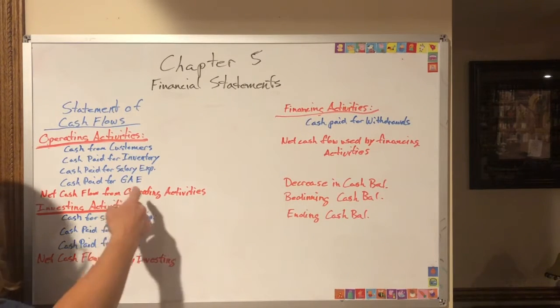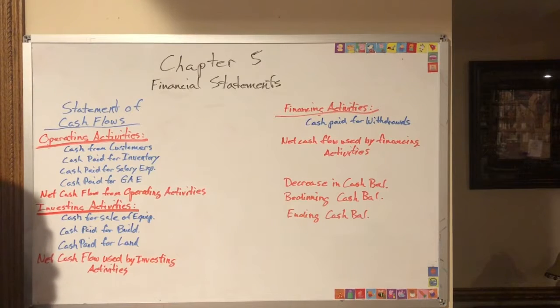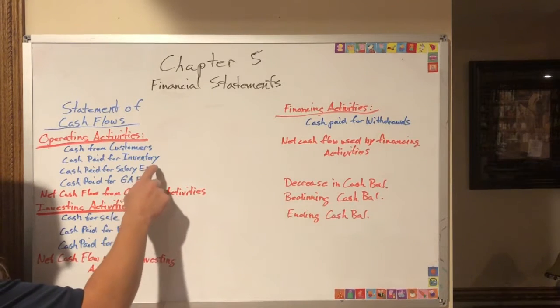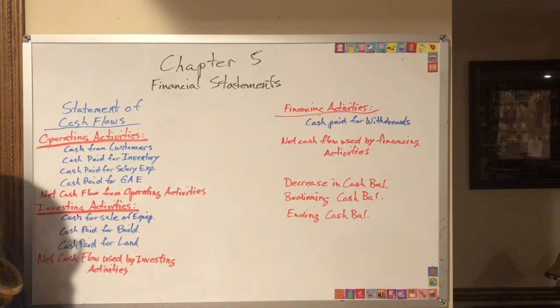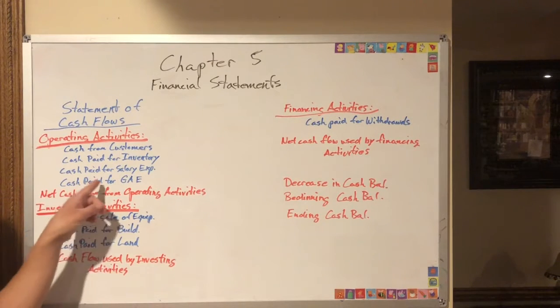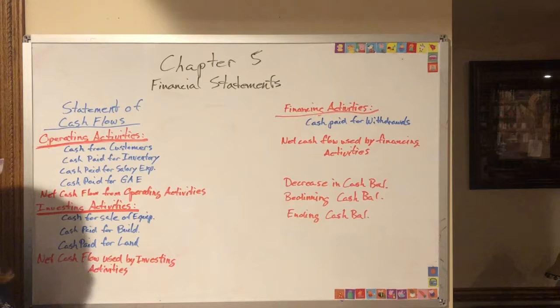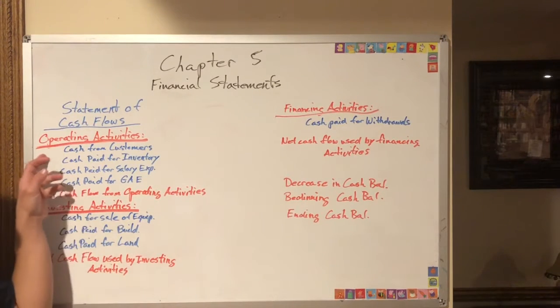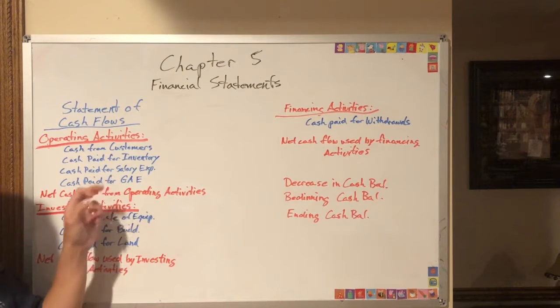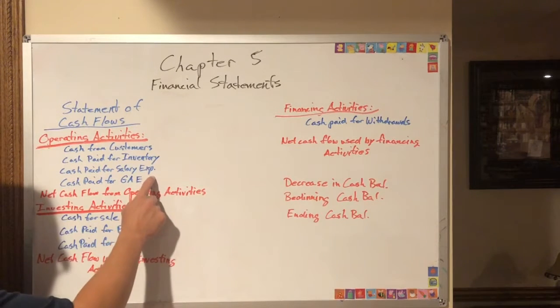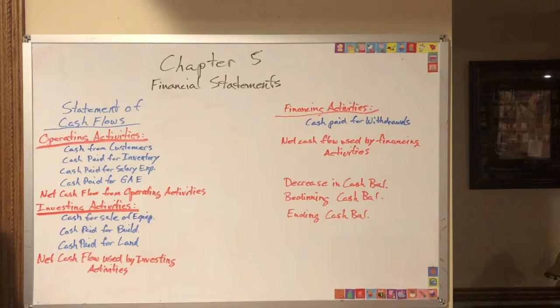Cash paid for inventory: the company purchases more inventory, and the cash paid for that inventory would be recorded on the cash flow statement. Cash paid for salary expenses: the employees are part of the operation, right? So under operating activities, cash paid for the salary would be included.